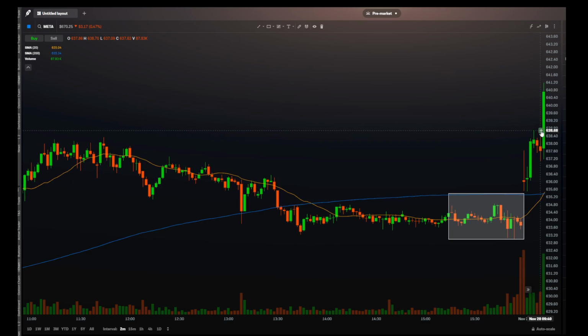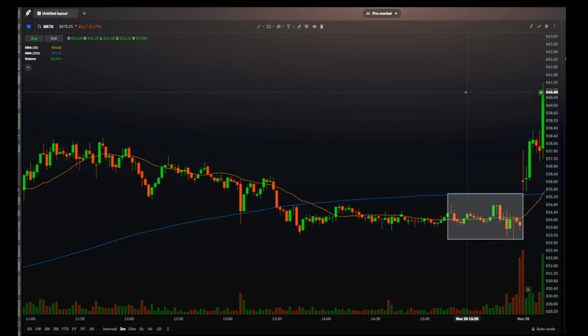Right here, boom. Once you see this, you can see the SMA cross. Boom, and this 20 starts pointing up and the 200 gets more flat.